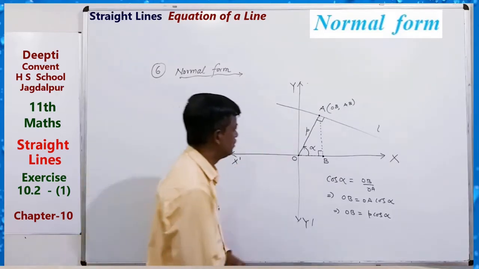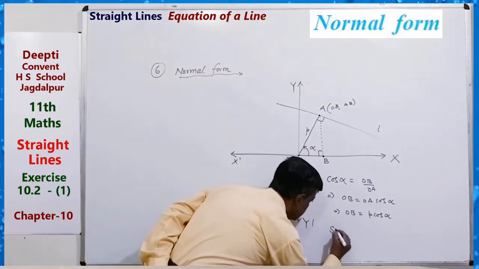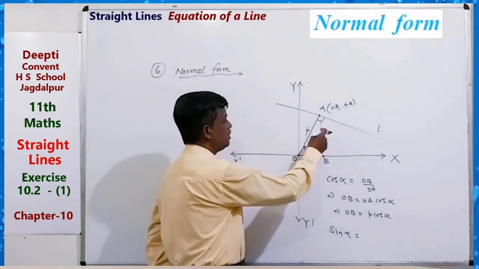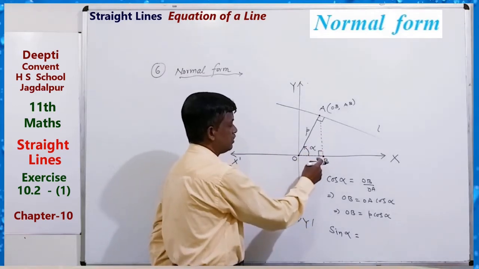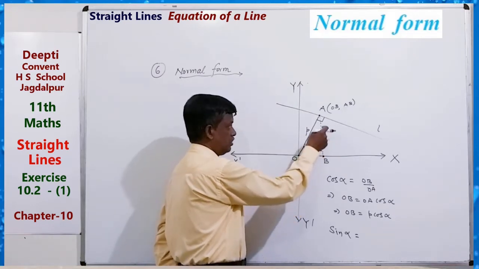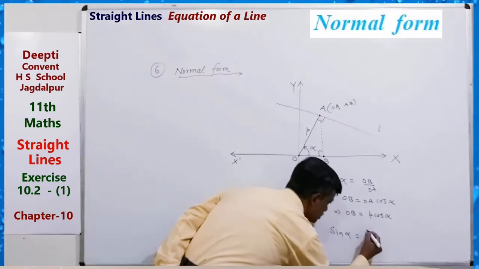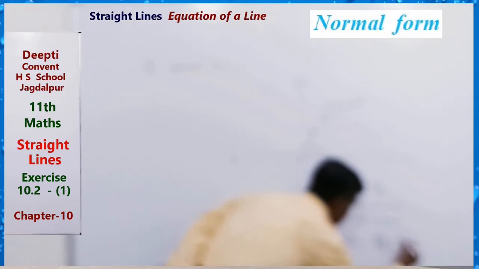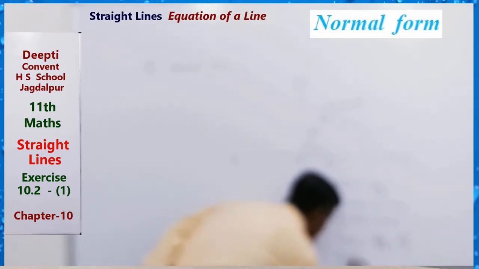Similarly, we can take sine. Sine alpha equals perpendicular, this AB, by hypotenuse. AB by OA. That is AB by P. That is AB equals P sine alpha.